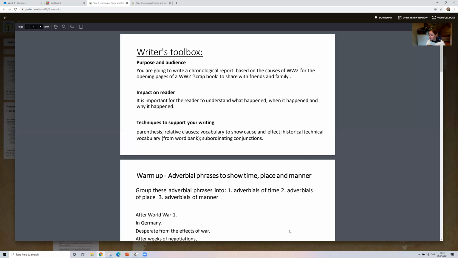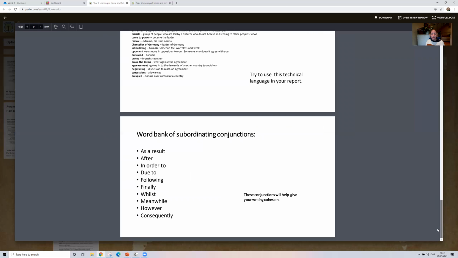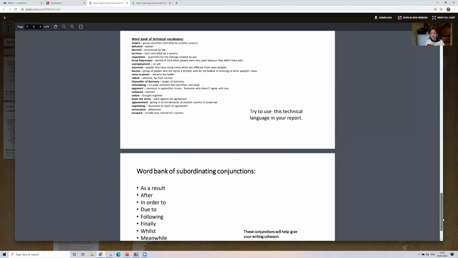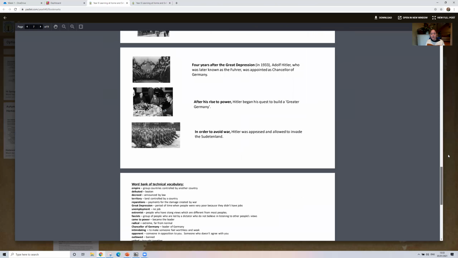Thirdly, have you used adverbials and subordinating conjunctions to help you to link your sentences together, to link your ideas together, to create that cohesion? Remember that flow of our writing. So we've got our subordinating conjunctions at the bottom of the page here that we've already had a look at. They show that cause and effect, the relationship between these events, how something happened and that led to something else happening.